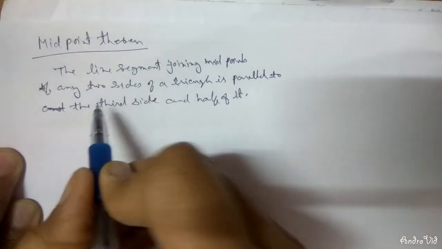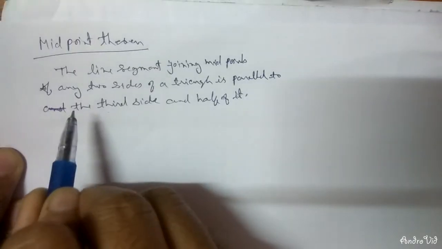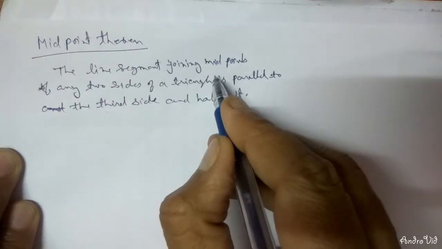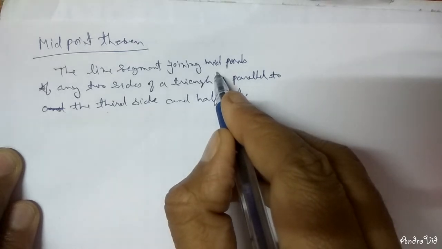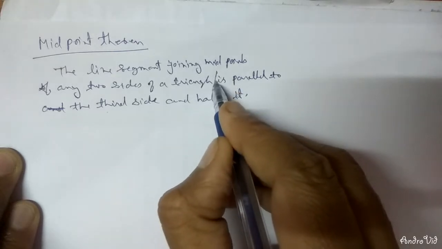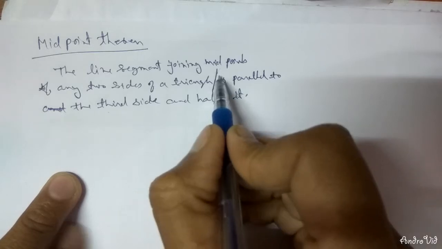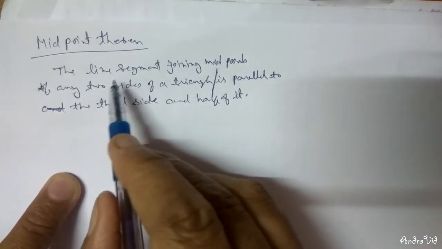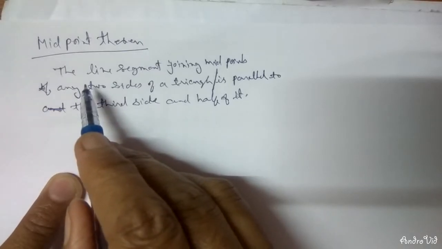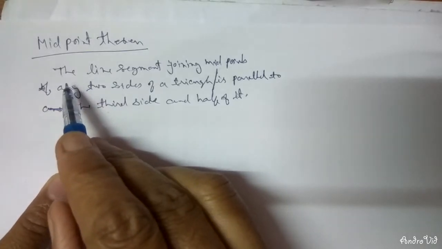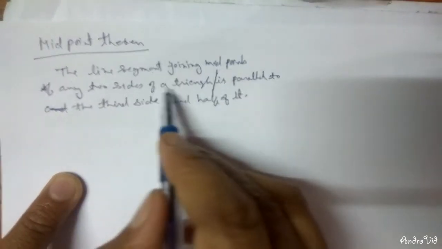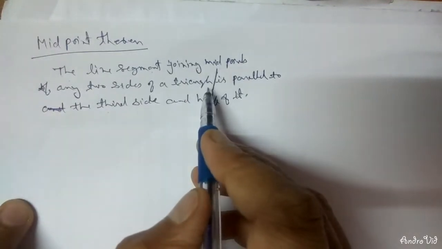So the portion of the statement before this line is treated as given while writing the proof of this midpoint theorem. That is, the line segment joining midpoints of any two sides of a triangle. It is given to us.